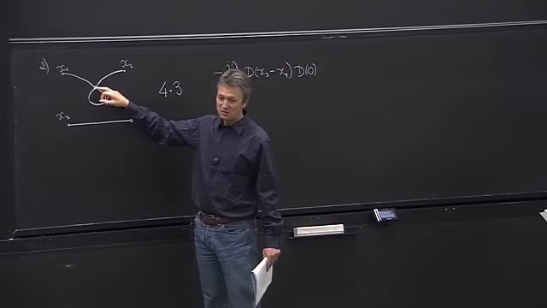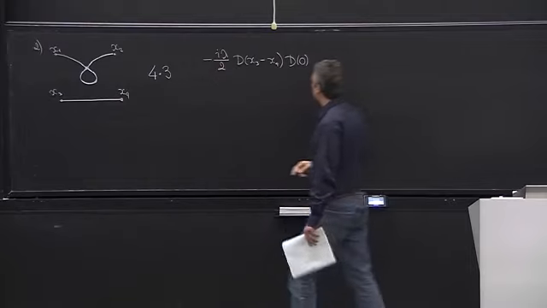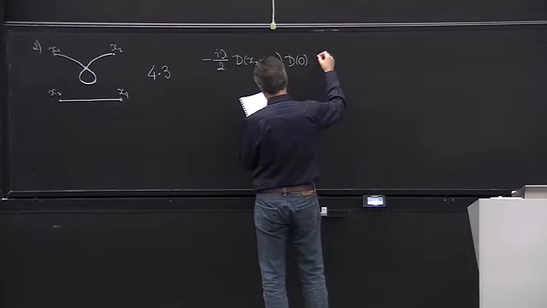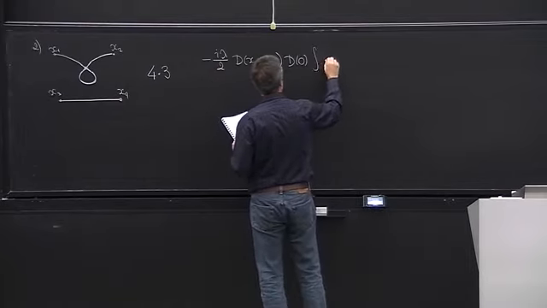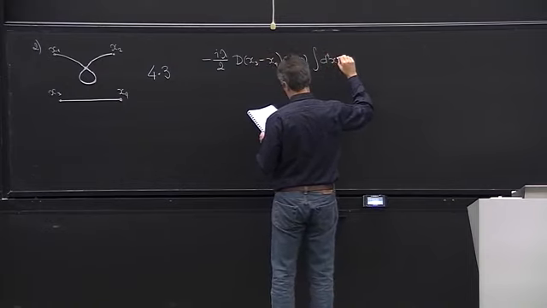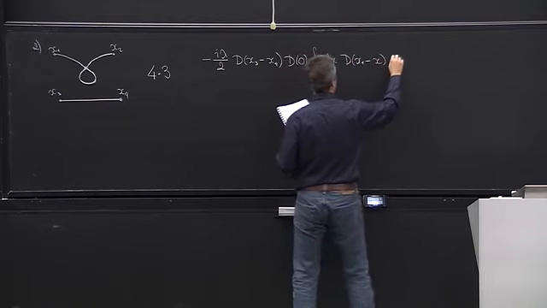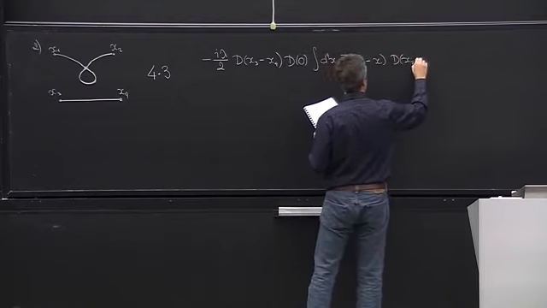So you see that this propagator connects a point to itself, so its argument is 0. And finally, the integral over x, D of x1 minus x, D of x2 minus x.